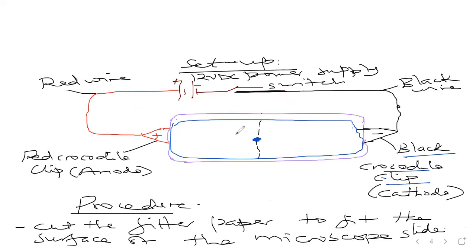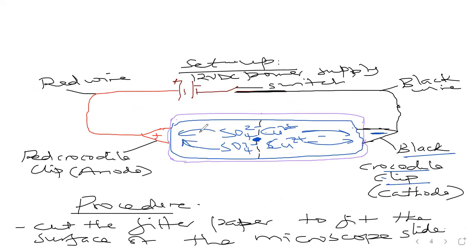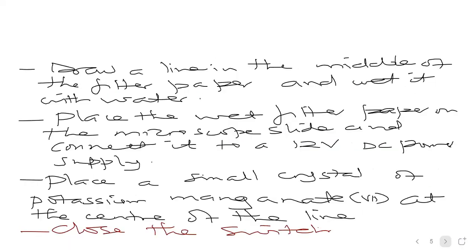I didn't complete this, but I told you that for copper 2 sulfate, we shall have copper 2 ions moving towards the black crocodile clip, because that's the cathode, which is negatively charged, and the ions are positively charged. Then the sulfate ions will move towards this side. Now let me add something here.